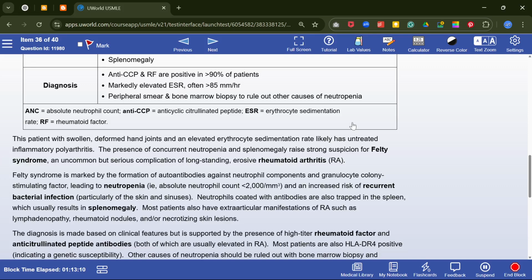Most patients have extraarticular manifestations of RA, such as lymphadenopathy, rheumatoid nodules, and/or necrotizing skin infection.